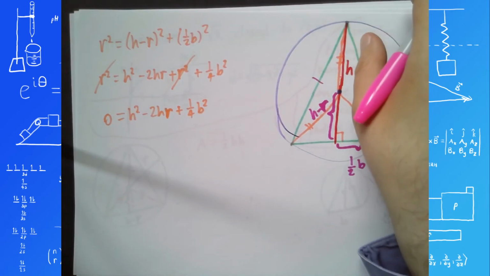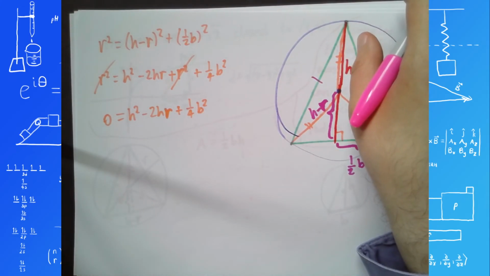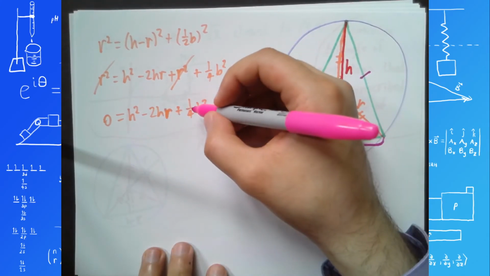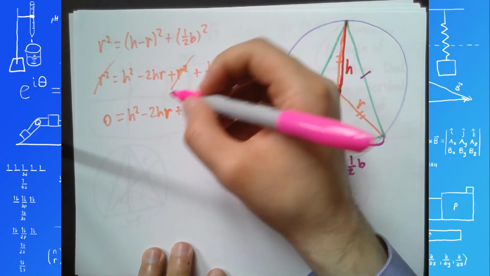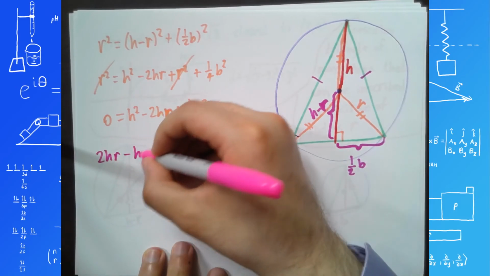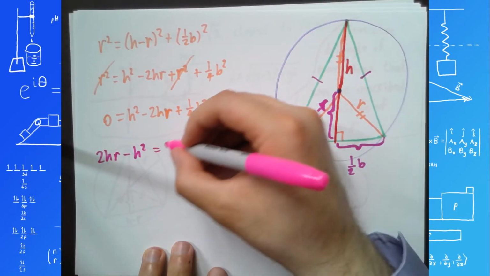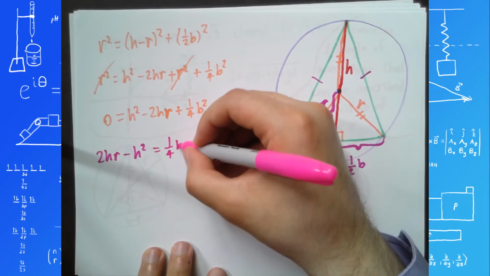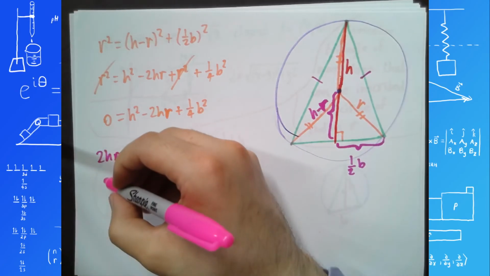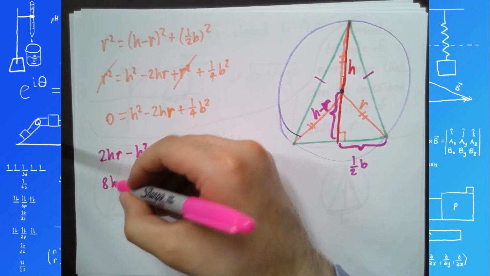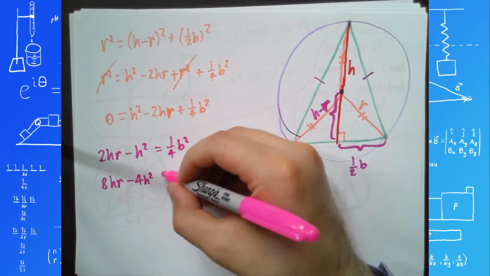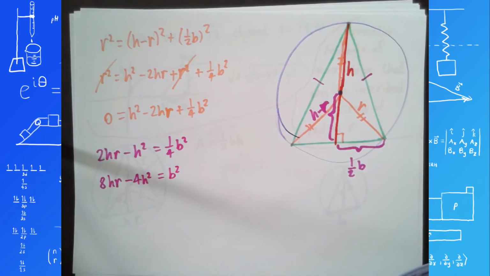It looks like it would be easier to just solve for b in terms of h. So add 2hr, subtract h squared: 2hr minus h squared equals 1/4 b squared. And then multiply everything out by 4. We've got 8hr minus 4h squared equals b squared.